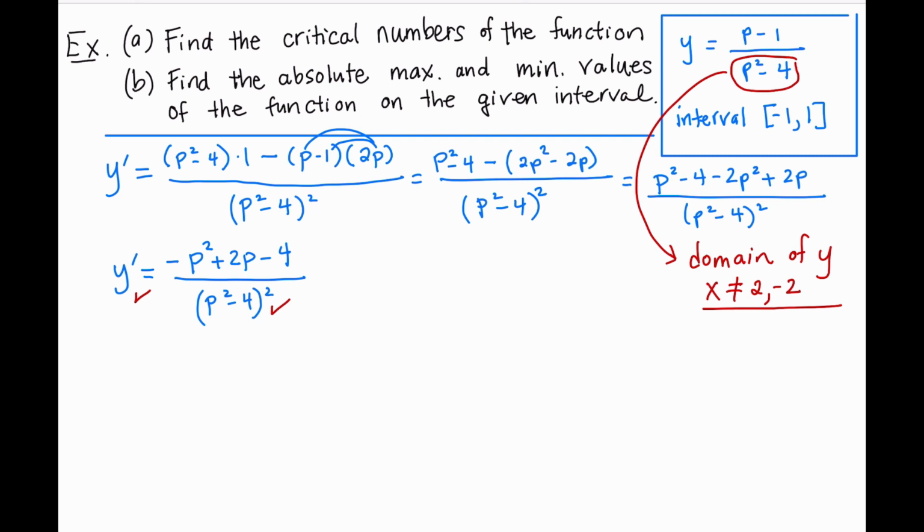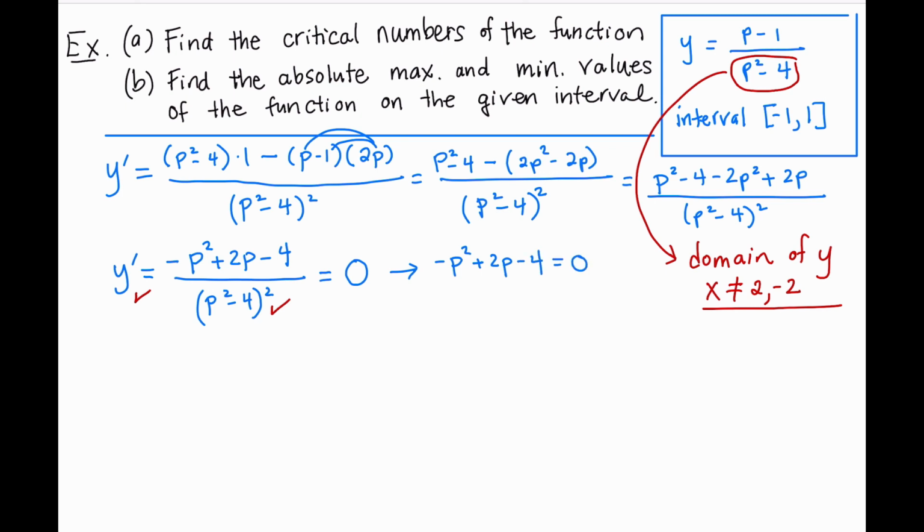So the only possible critical numbers would be points where my derivative is equal to 0. So when is the derivative equal to 0? Basically, the derivative is going to be equal to 0 whenever the numerator is equal to 0 and the denominator is not equal to 0. So we're going to look at this equation instead: when is negative p squared plus 2p minus 4 equal to 0?